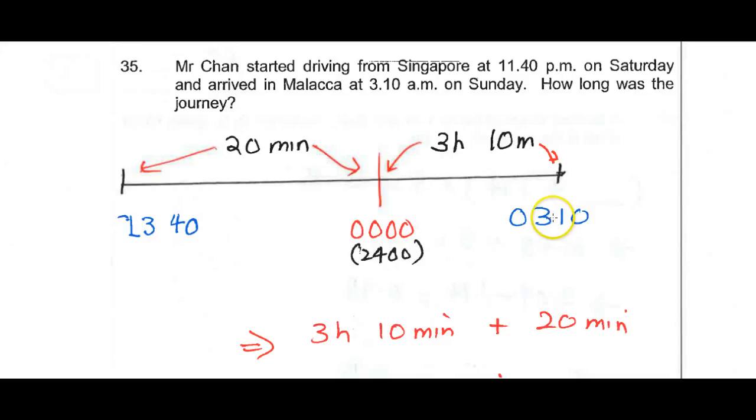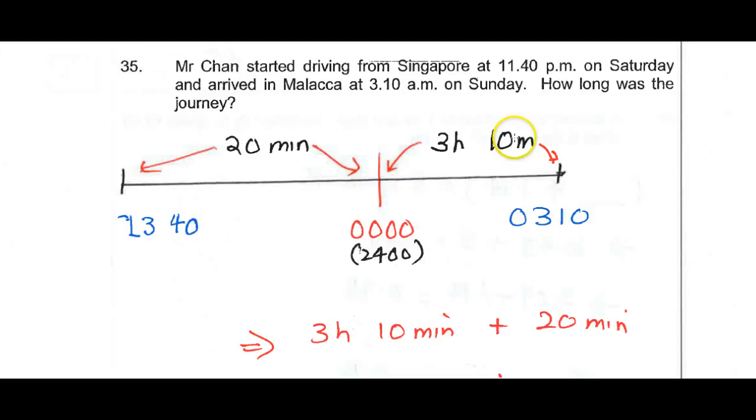So all you have to do is use 0000 or 24 hour, at the end of the day or beginning of the day, as a milestone. It means you stop here. Now the time from 11:40 to 12 midnight is 20 minutes. Okay, he drove 20 minutes and it is 12 midnight.